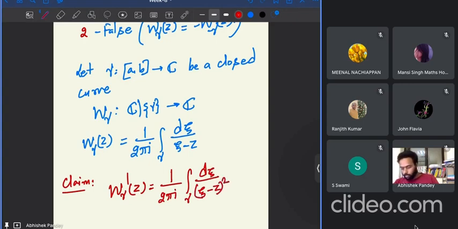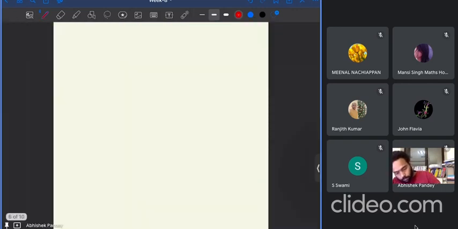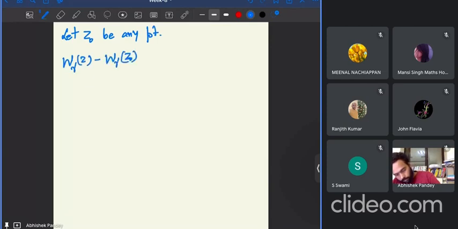So this is our claim. So let z naught be any arbitrary point.